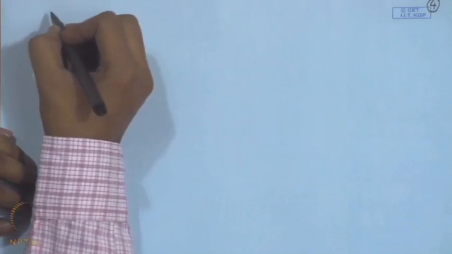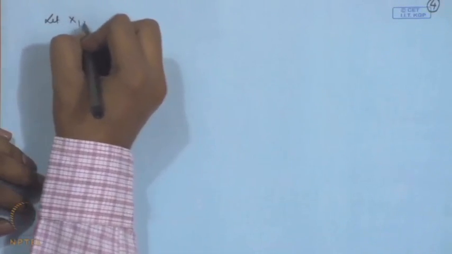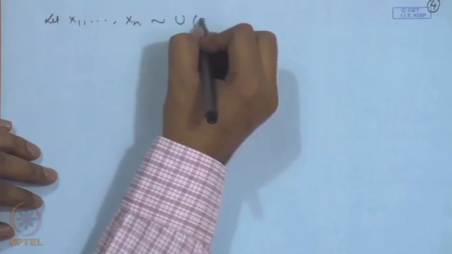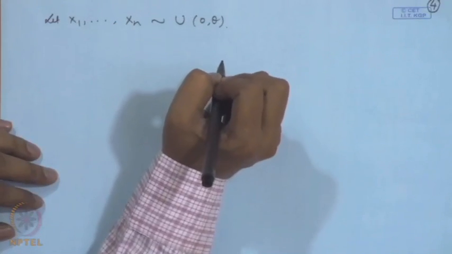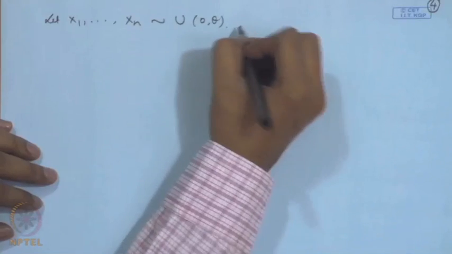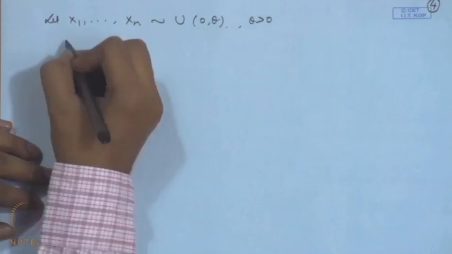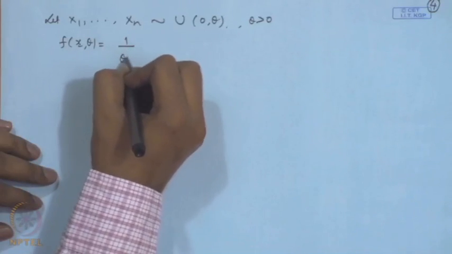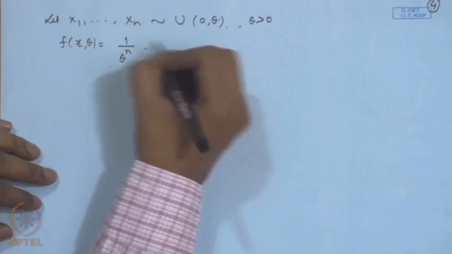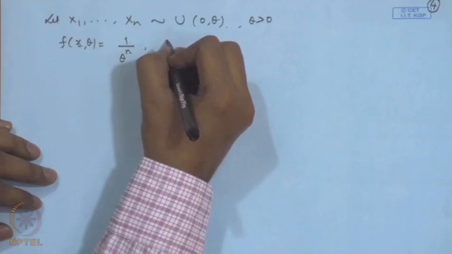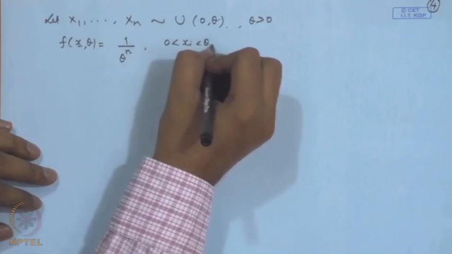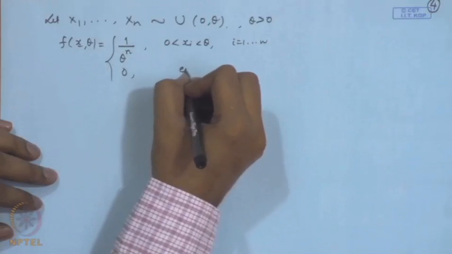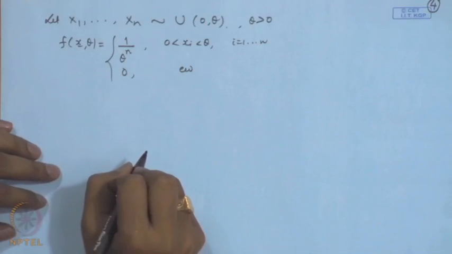So, let us consider say x 1, x 2, x n, a random sample from uniform 0 theta distribution. Now, in this case the joint density is equal to 1 by theta to the power n, where each of the x I is between 0 and theta, and it is equal to 0 elsewhere.